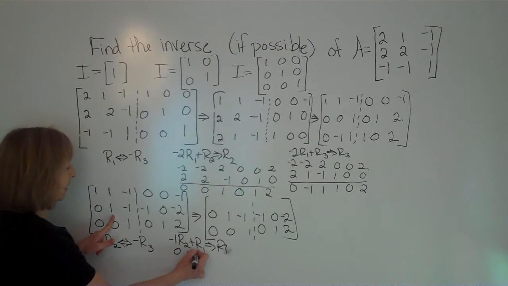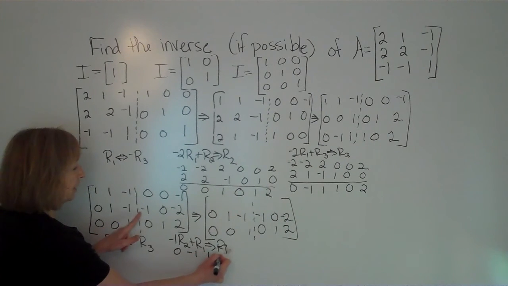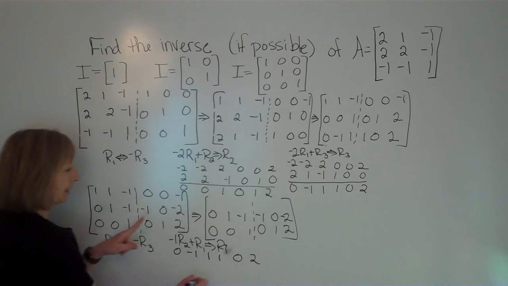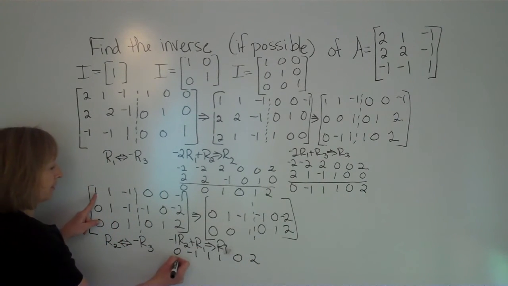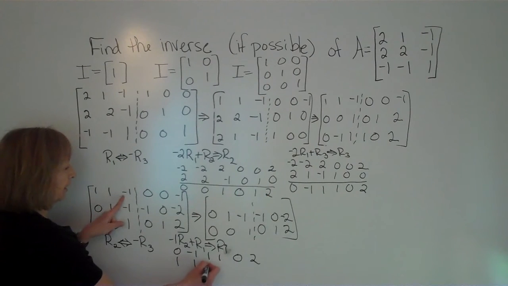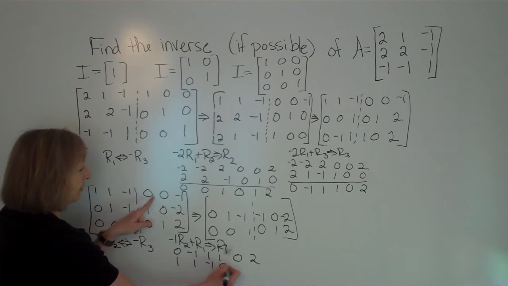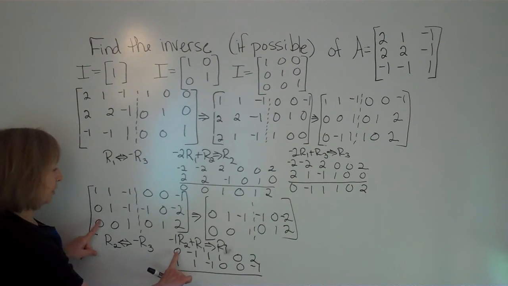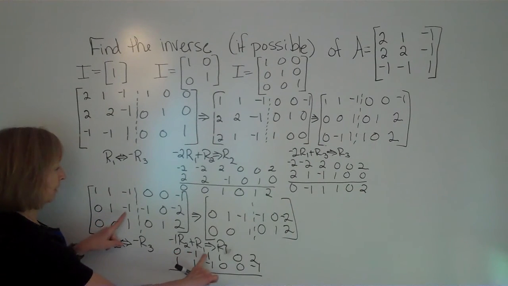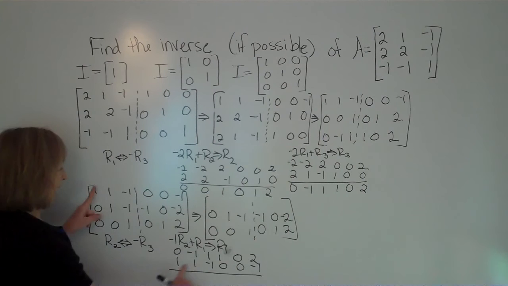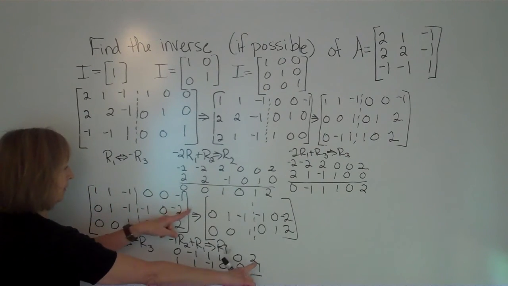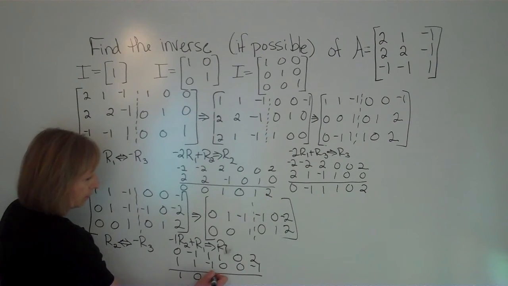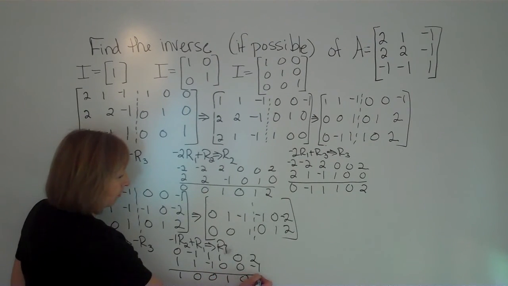Negative 1 times 1 is negative 1, and that would give me a 1 and a 1 and a 0 and a 2, and I'm adding that to row 1. So that's 1, 1, negative 1, 0, 0, negative 1. So we're going to double check this. Negative 1 times row 2, added to row 1. So that gives me 1, 0, 0, 1, 0, 1.